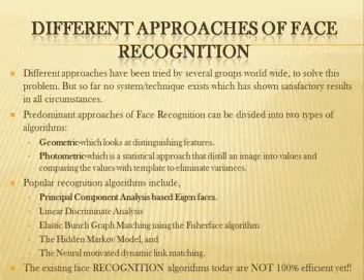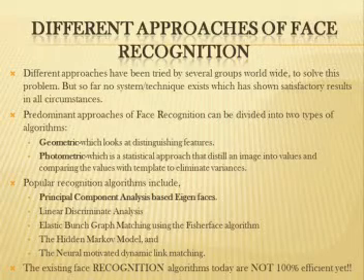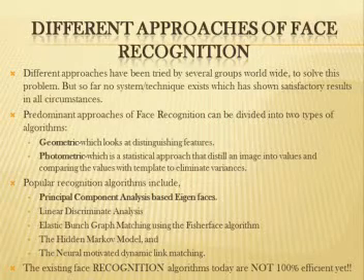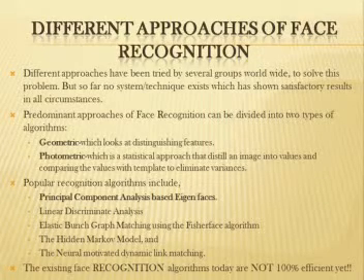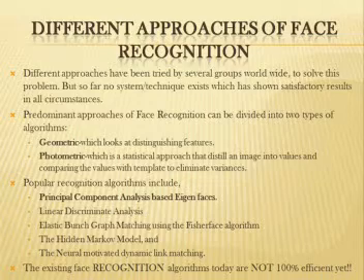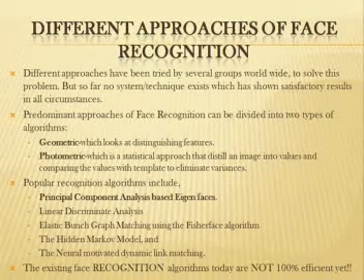Different approaches of face recognition. Different approaches have been tried by several groups worldwide to solve this problem, but so far no system or technique exists which has shown satisfactory results in all circumstances. Predominant approaches of face recognition can be divided into two types of algorithms: geometric, which looks at distinguishing features, and photometric, which is a statistical approach that distills an image into values and compares the values with a template to eliminate variances.